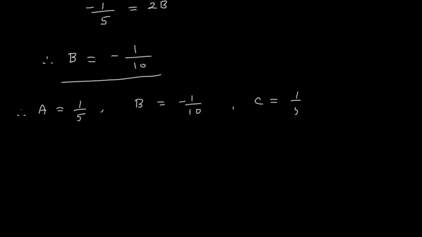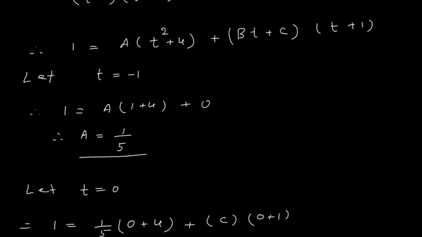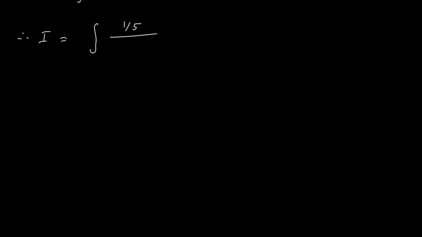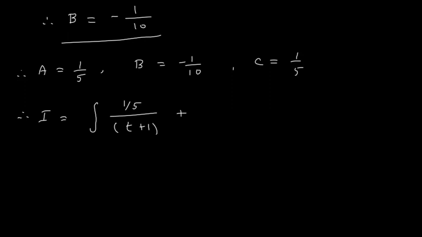So your integration I is equal to the integration of 1 divided by 5 upon t plus 1, plus bt, that is minus 1 upon 10t, plus 1 upon 5, divided by t square plus 4, into dt.